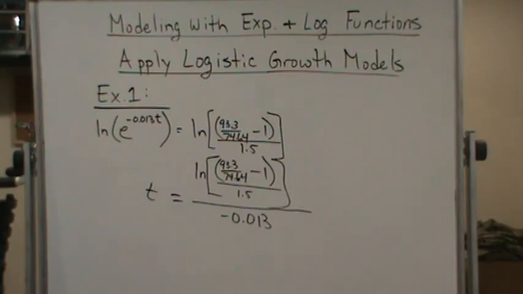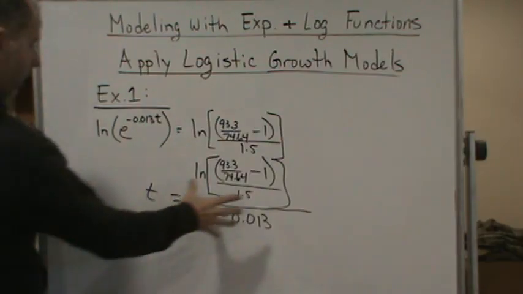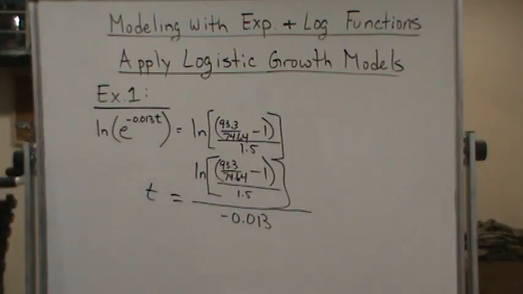And I'm going to divide that whole thing by 1.5. All right, cool. So I'm taking the natural log of this whole thing right now. Now I'm going to divide that by negative 0.013. And I get 137.8 years.